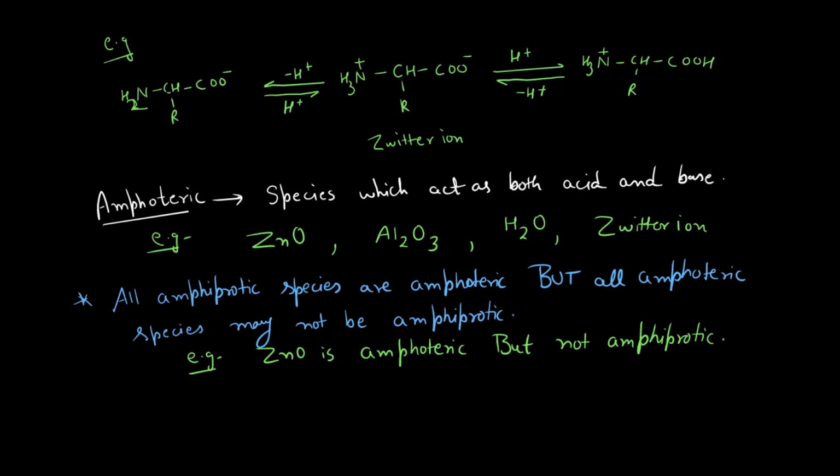Why? Because zinc oxide doesn't have a proton to lose, and it also doesn't accept a proton. So this is not amphiprotic. It is not a Bronsted-Lowry acid or base, but it can act as a general acid or base. Therefore, it is amphoteric, but not amphiprotic.